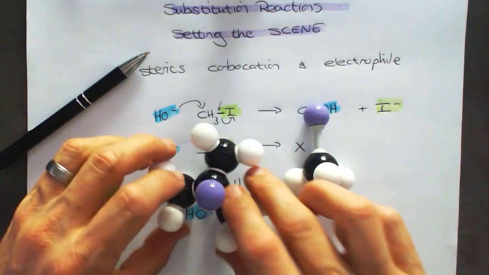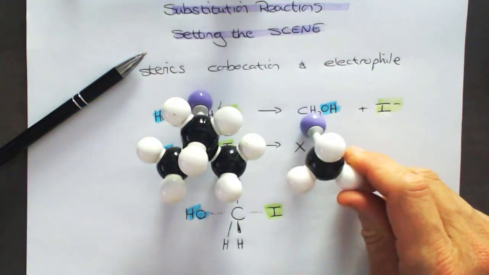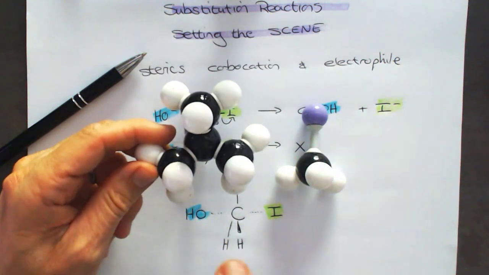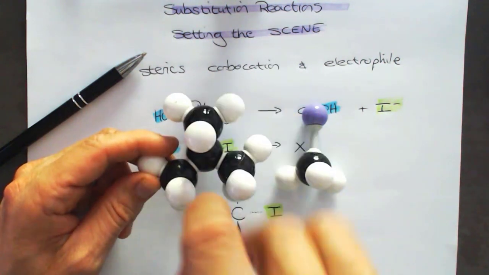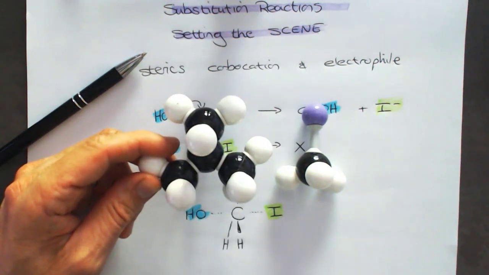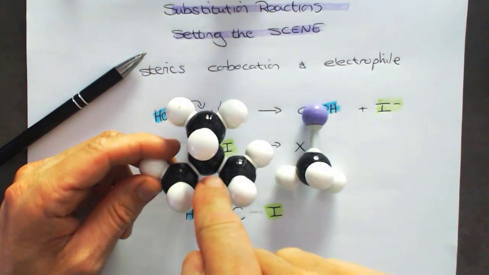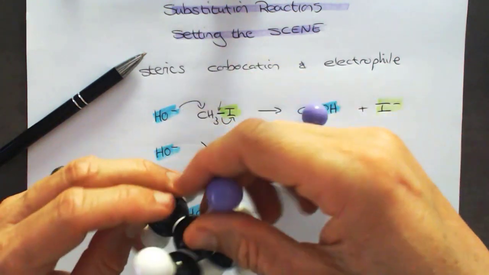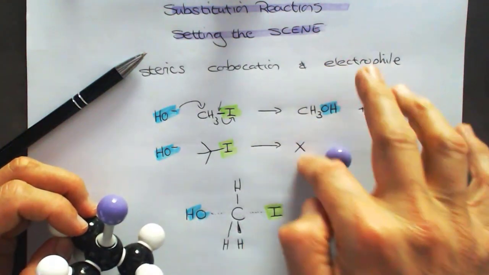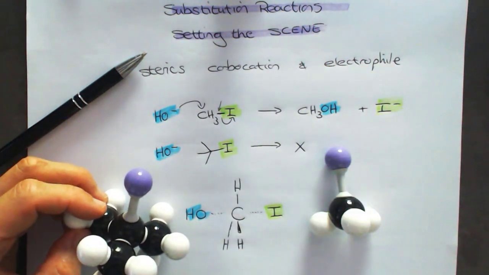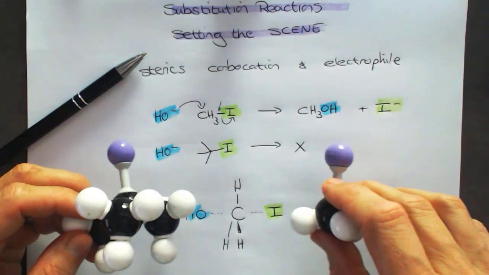And I think we can appreciate that to get into there is a whole lot easier than to try and get into here. There's just a whole lot of steric hindrance over there, which makes it literally impossible for a nucleophile to punch in over here to kick out the leaving group. And so a reaction like this via a one-step process, which is SN2, is just simply impossible because of sterics.